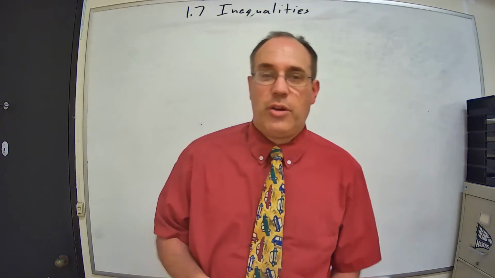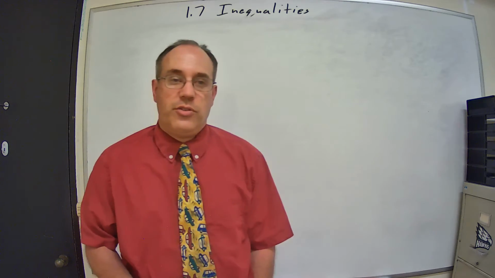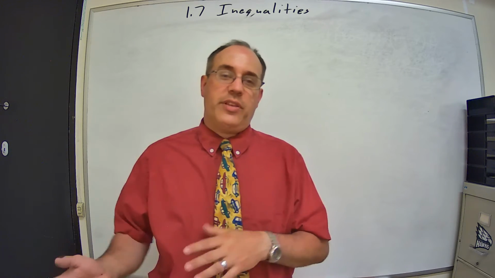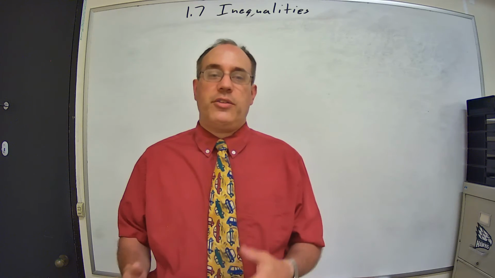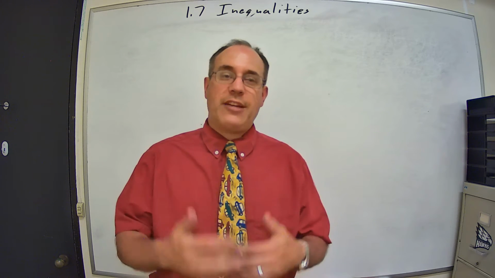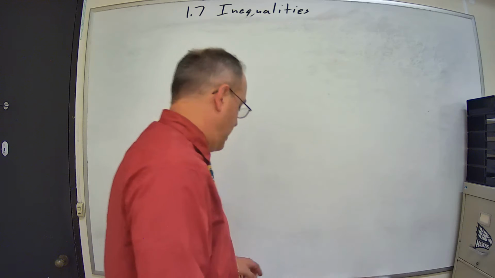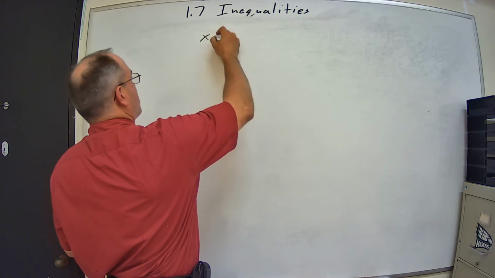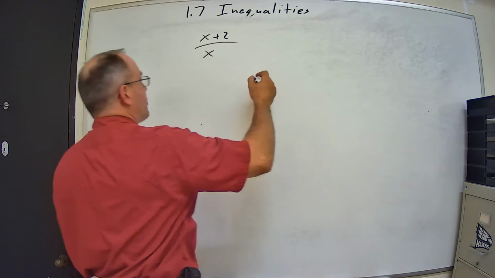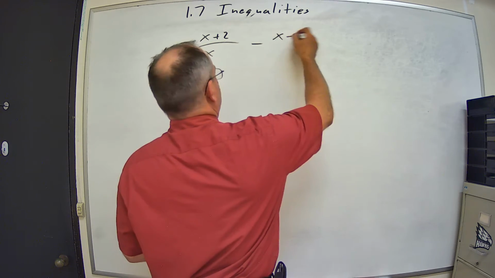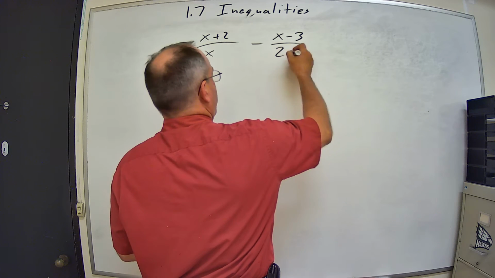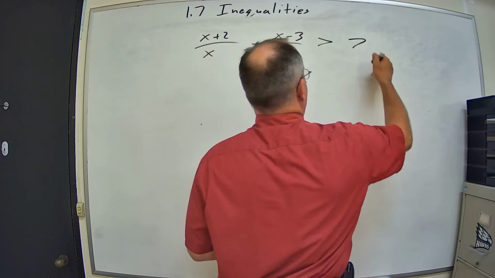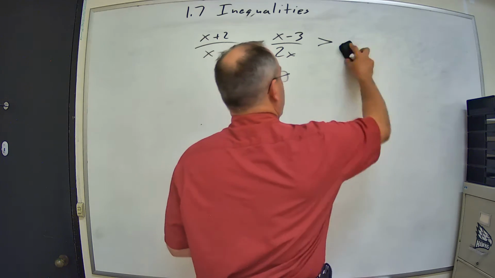Now with rational inequalities, what we need to do is, as necessary, get 0 onto one side, everything else onto the other side, and we want to get it so that we have just one rational function on the other side, meaning that we don't want something in the form (x plus 2) over (x minus 3) over 2x greater than 7, or even if we put it to 0.